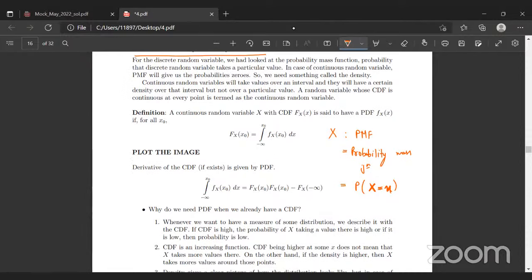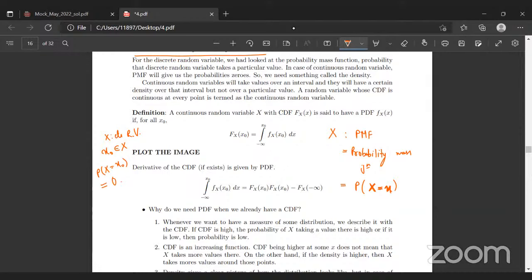But in case of a continuous random variable, we know that at each point, let's say x is a continuous random variable and some x naught belongs to x, then the probability at this point x naught comes out to be 0. So we cannot have something called a PMF.